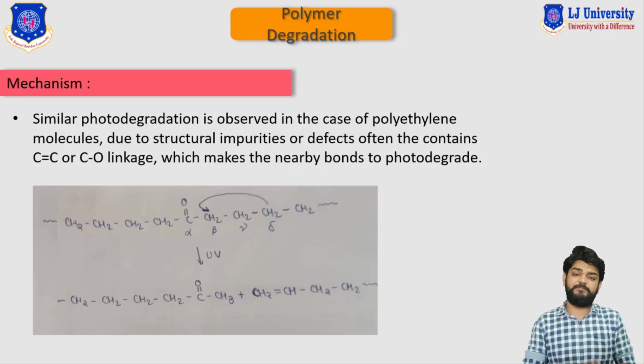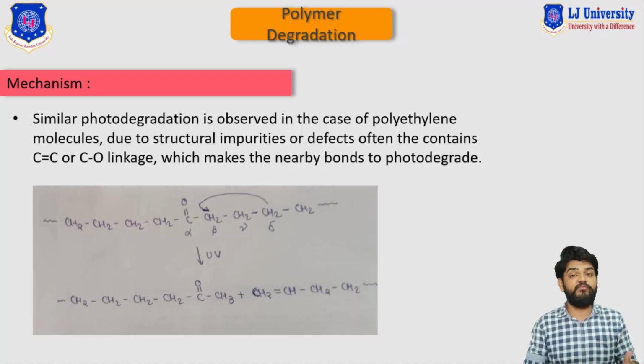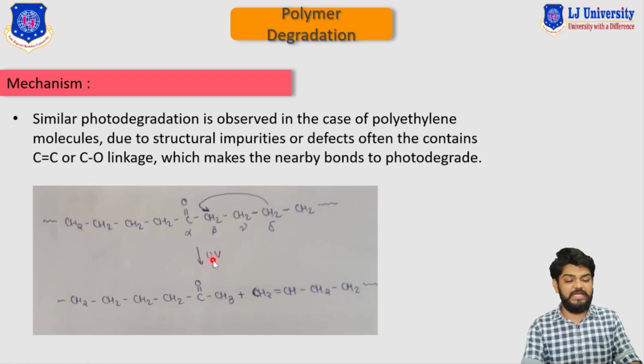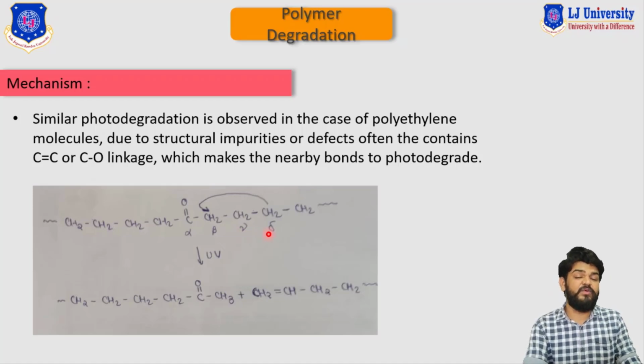So because of these impurities, we will now have photodegradation of the polyethylene. As you can see here, on the application of the ultraviolet wave, if this is your alpha carbon, then this is the beta carbon, then the gamma carbon, and the delta carbon. So this delta carbon bond will break up and it will generate free radicals.